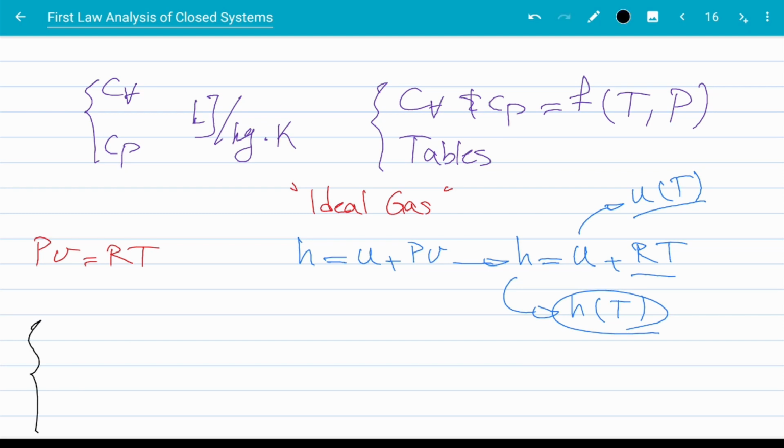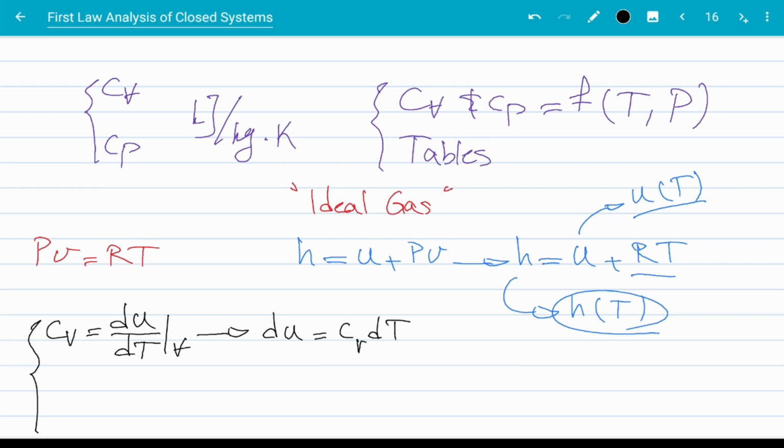Now remember the definition of a specific heat. Cv is the internal energy derivative with respect to T at constant volume, right? Now for an ideal gas, U is a function of temperature only. So I can play with this equation and say dU is Cv dT.